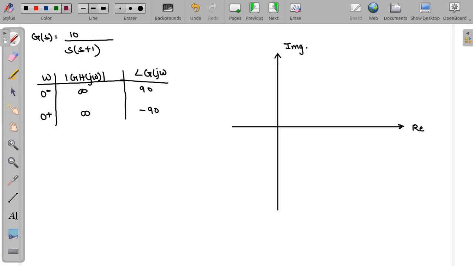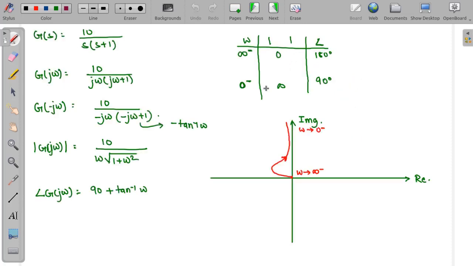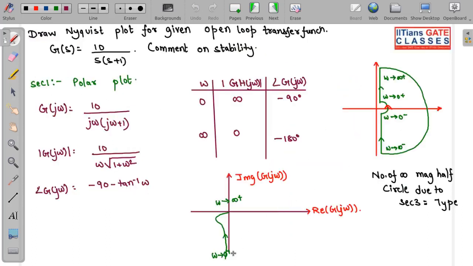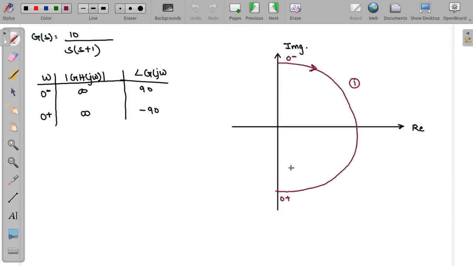In this diagram this is 0 minus and this point is 0 plus. I have assumed that these 2 points have infinite magnitude. So either it can look like this, or it will look like this, option 2. Now which option do you think is correct?